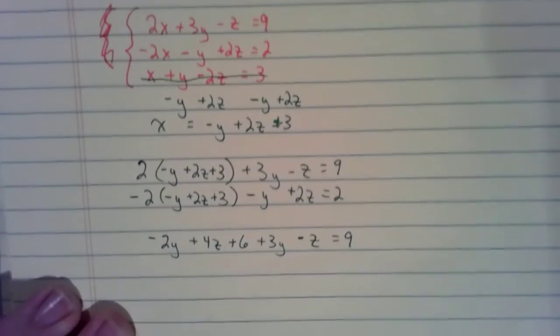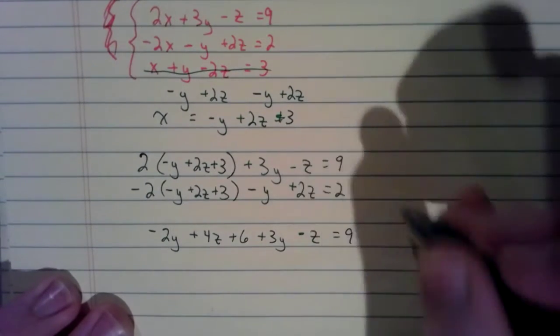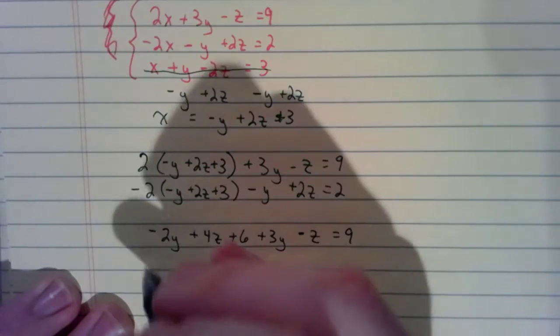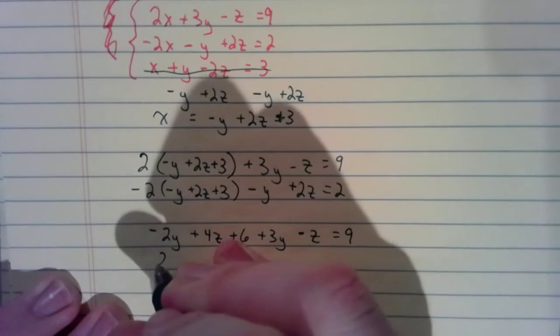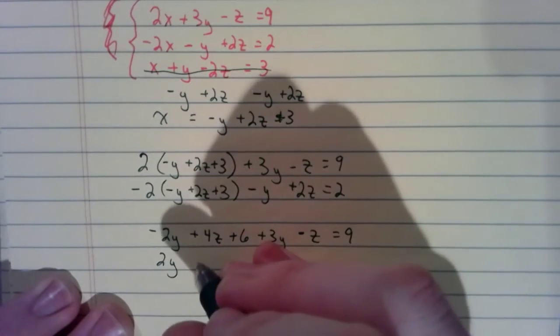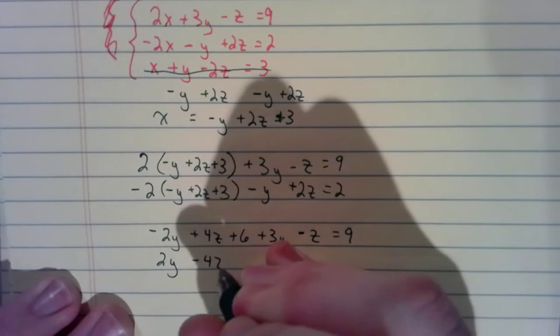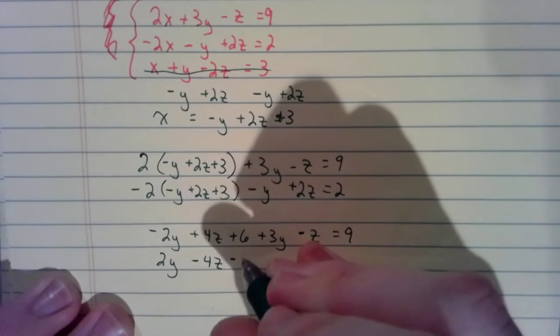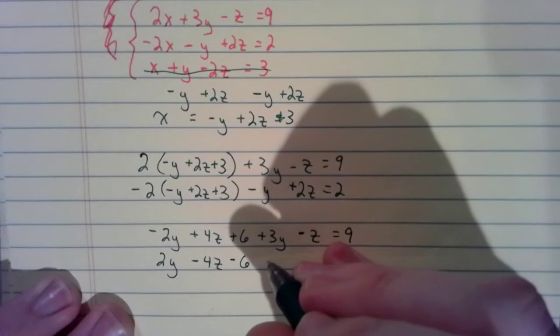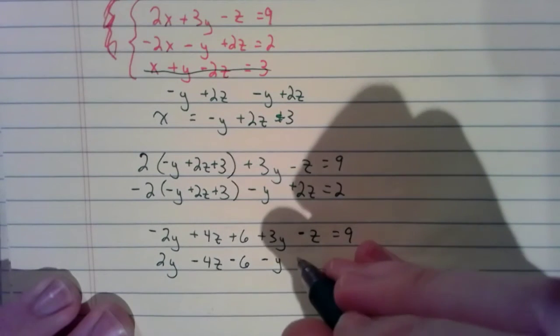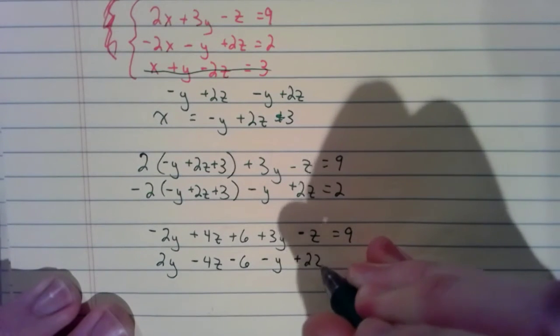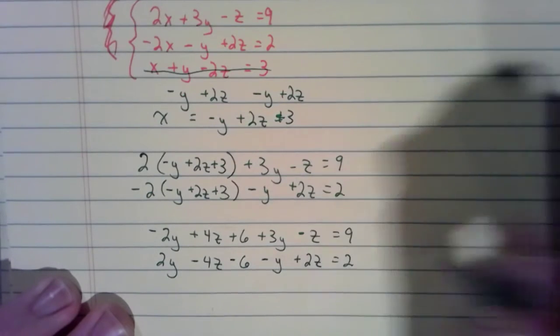So there's my first equation. I'm going to work with the second equation too, so I'm going to distribute the negative 2. Here I get plus 2y minus 4z minus 6, minus y plus 2z equals 2.